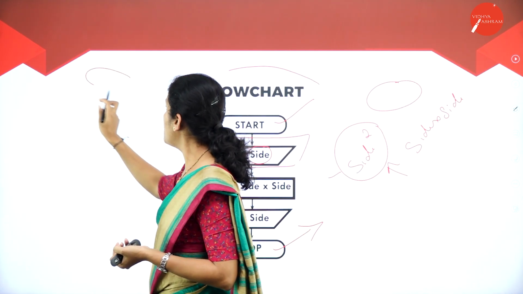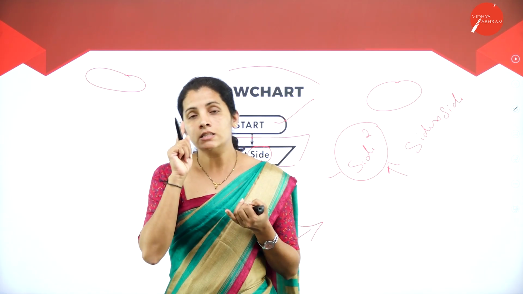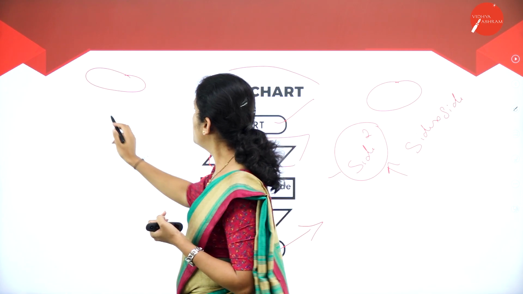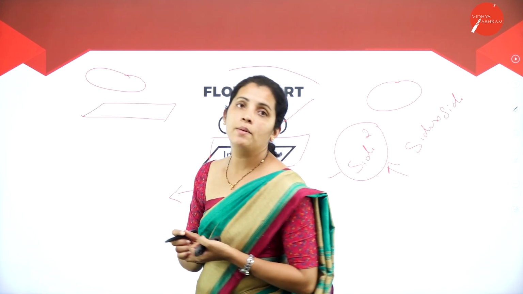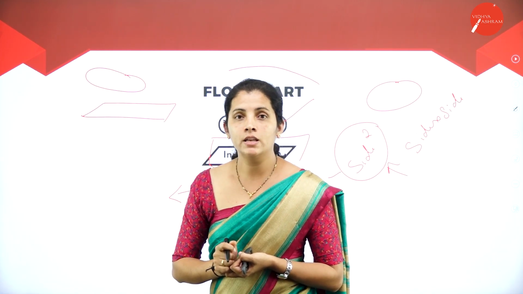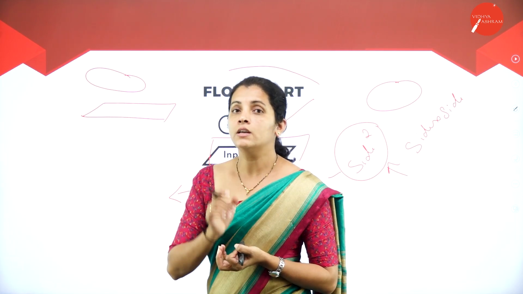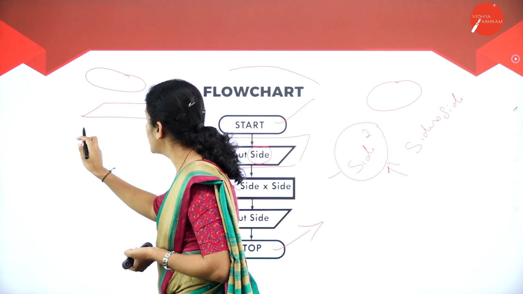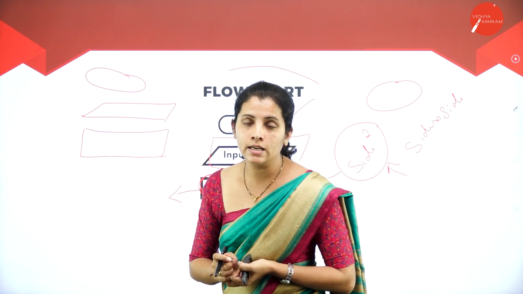First, I'm going to have the oval, which is mainly used to indicate the starting point. Then I'm going to have a parallelogram. Why am I going to use the parallelogram? In order to indicate input as well as output. Then I'm going to have a rectangle. Now tell me why I'm going to use the rectangle here.